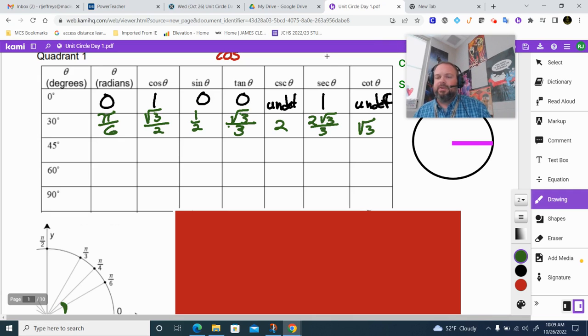Remember, for those going to pre-cal, these first three, this stuff that I just drew, that's the main thing that you'll need to know. Okay. All right.